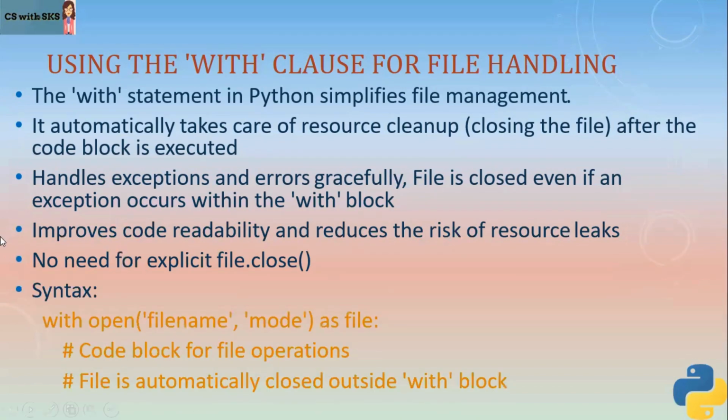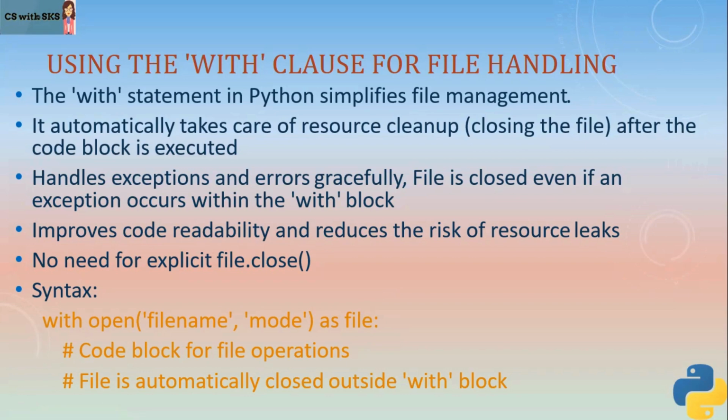Syntax is you write with, then open, file name, comma, mode as file. So here file handler comes here. Okay. In open function, you write file handler equals to open in the bracket file name, comma, mode. But here you need to start with, then open function as file, and then there is a colon written to indicate that whatever comes next is part of this block.